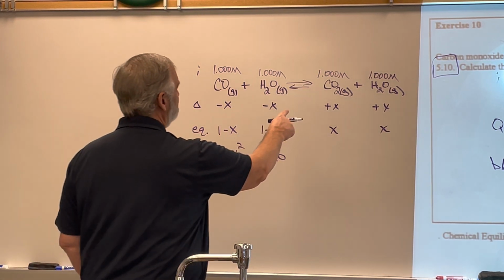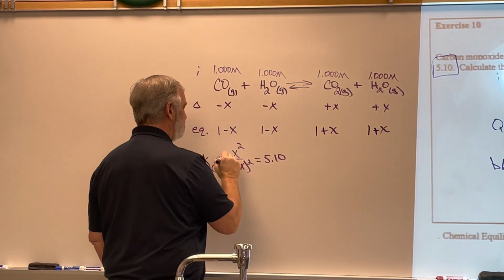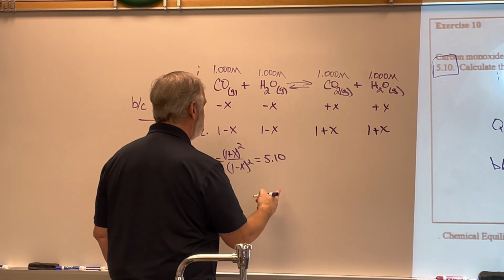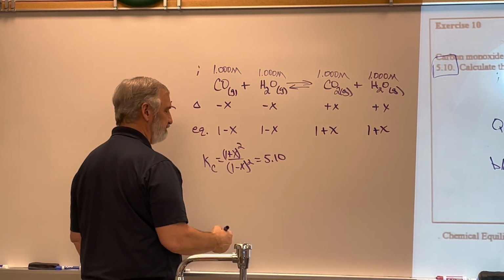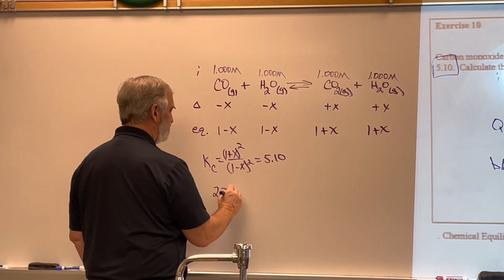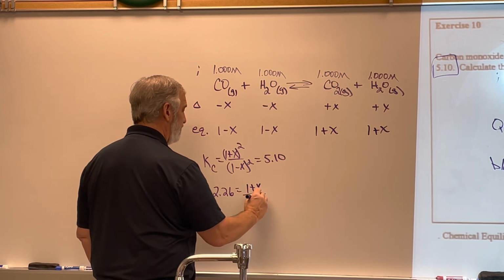What was my initial? Oh, yeah. It's going to be 1 plus X. So this is going to be 1 plus X squared. So we still take the square root. What's the square root of 5.10? That's 2.26. 2.26 is going to equal 1 plus X over 1 minus X.